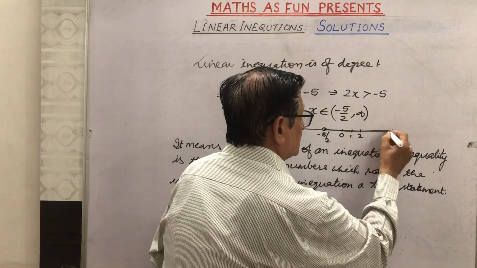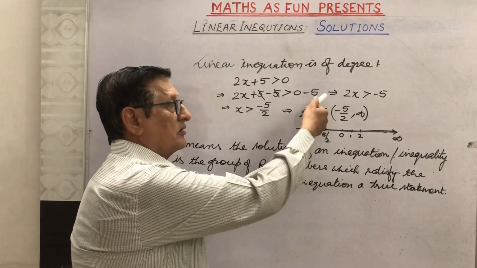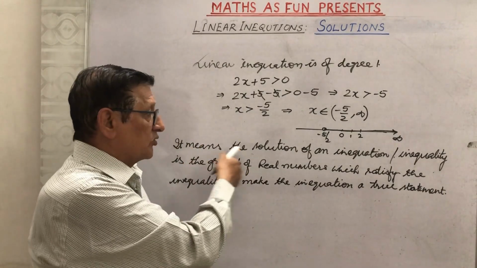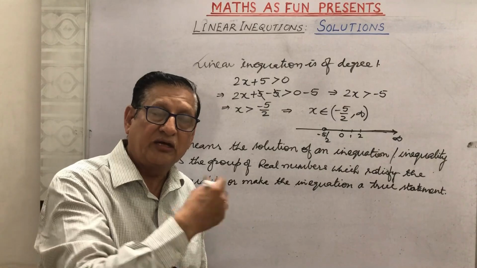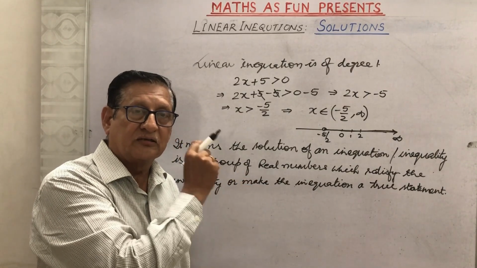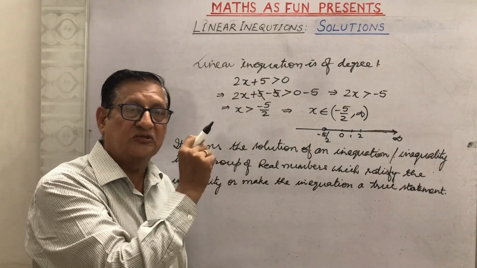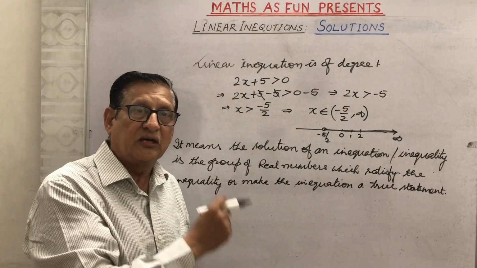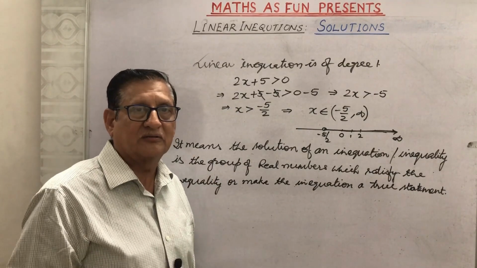This is the solution of the inequation. It means that the solution of an inequation or inequality in one variable is the group of real numbers which satisfy the inequality, or which make the inequality a true statement.